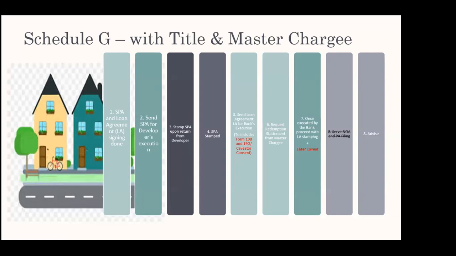And then we will stamp the SPA upon return from the developer. After the SPA is stamped, we will send the loan agreements for bank's execution. At this stage, we will include Form 19B and 19G and also the caveat consent. At the same time, we will request the redemption sum statement from the master chargee.